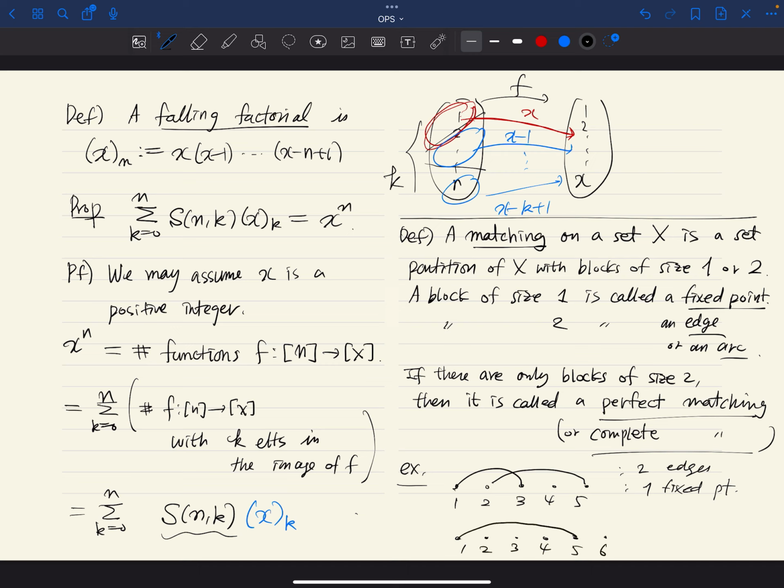An example of a perfect matching is something like that. In order to have a perfect matching on a set X, the cardinality of X must be even, of course, right?